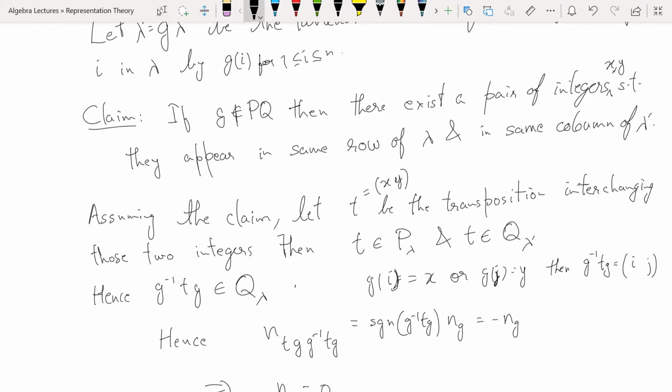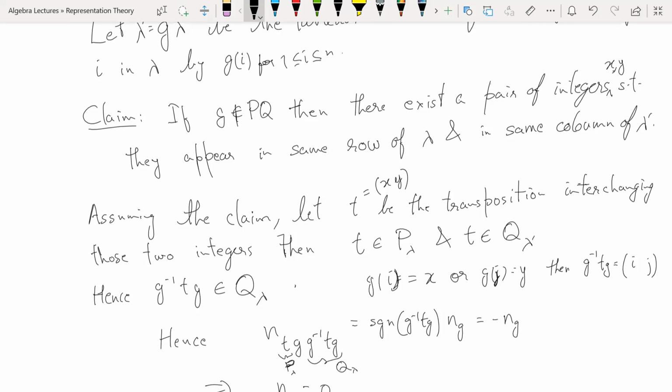So this is in P lambda, and this is in Q lambda. If we multiply something by an element in P lambda, and something by an element in Q lambda, then we change it by the sign of the element in Q lambda. But this is again a transposition, so the sign is negative.